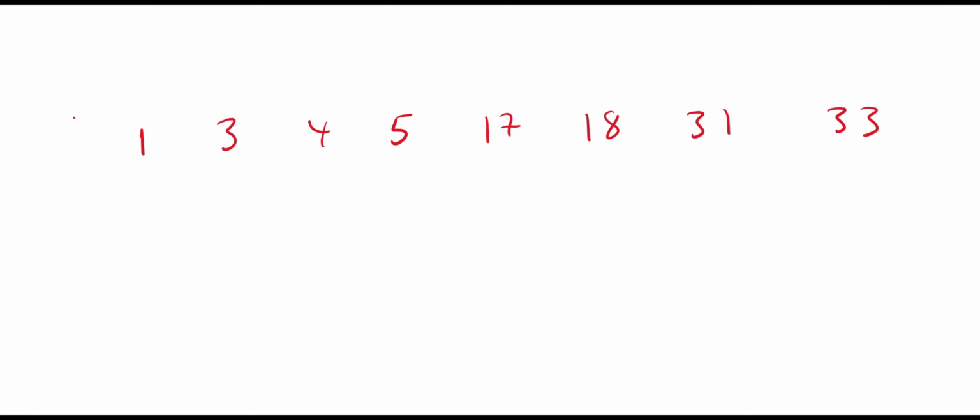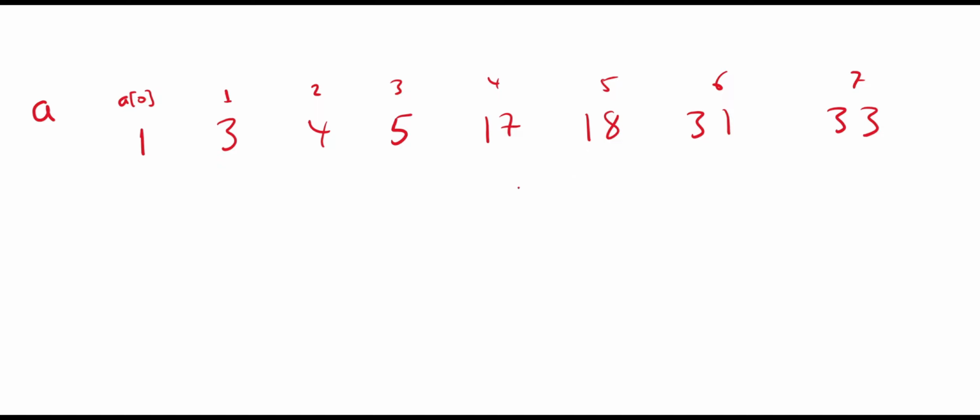Let's say that we are keeping this sequence in an array. Assume that the name of this array is A, and in this array, we have these numbers. So this is the first number, which means A0 is here. A1, A2, A3, A4, A5, 6, and 7.